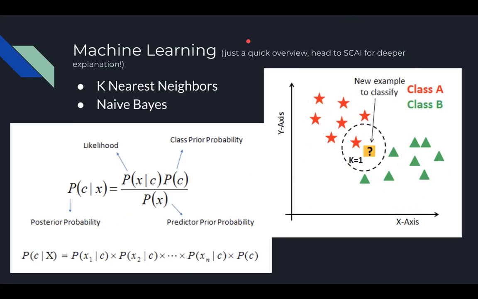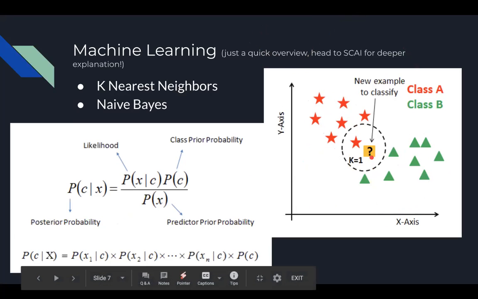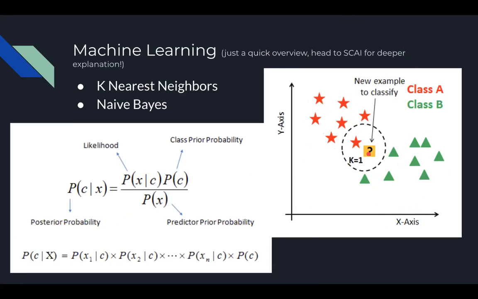Given a new point, we look at all the surrounding points and the k nearest neighbors. We pick k, any constant that we pick. We can say k is 5, and then we're going to decide what this new example is based on the 5 nearest neighbors. The first nearest neighbor might be this one, then 2, then 3, then 4, then 5.